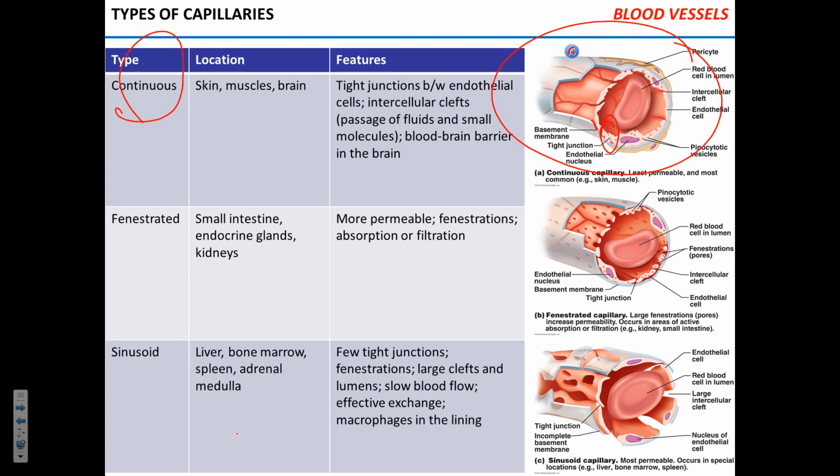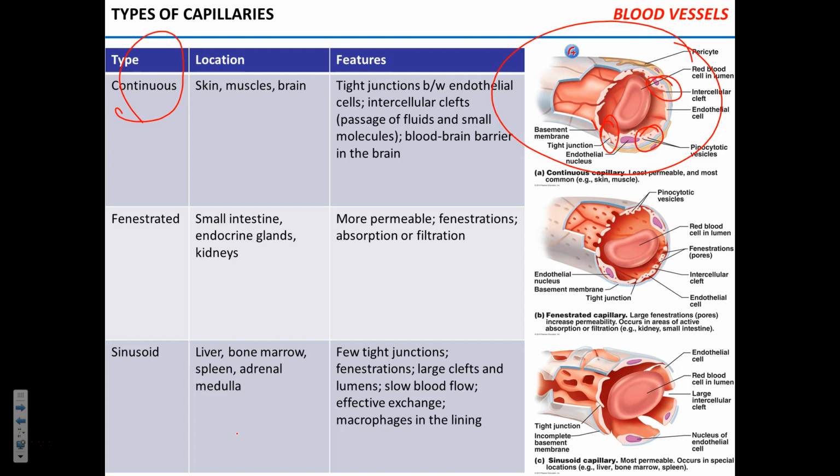There are few clefts, intercellular clefts, that are pretty narrow, and the transport of things from the capillary to the tissues happens mostly via pinocytic vesicles, the vesicles that carry stuff from the blood to the tissues and back, and a little bit by the clefts.